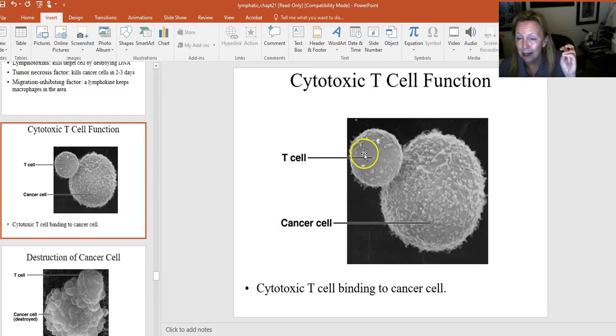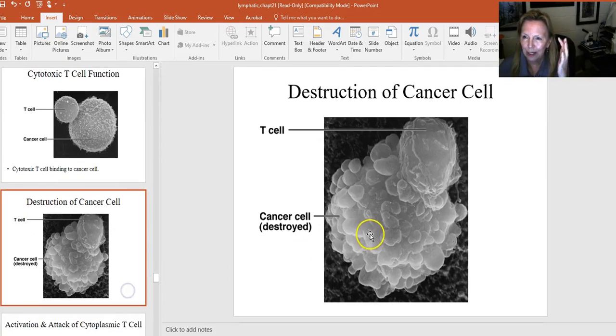Cytotoxic Ts, as I said, are no joke. These guys talk about Marines and hand-to-hand combat. They're ready for it. If you look at even cancer cells, the cytotoxic T cells are much smaller, but they obviously don't know it because they can destroy those cells.